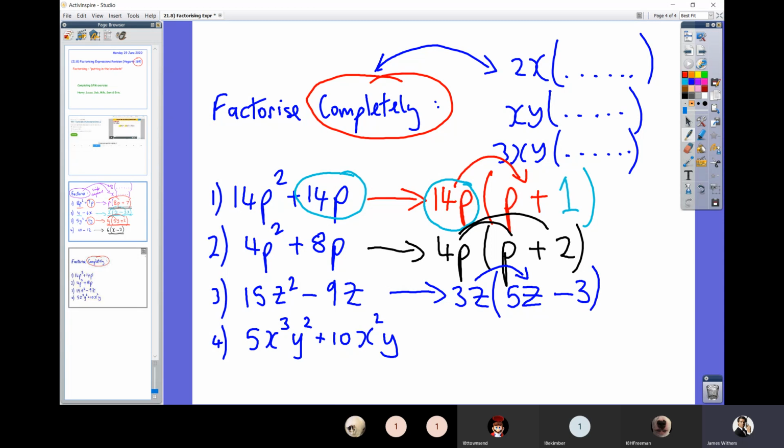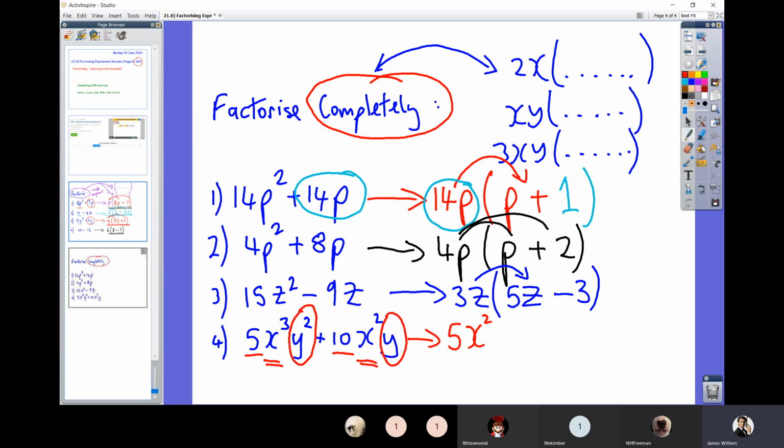Now, lots going on with that final one. Work your way along. What's the highest common factor of 5 and 10? Well, that's 5. What's the highest common factor of x cubed and x squared? What's the biggest number of x's I can take out that's common to both? Well, that's going to be an x squared. And then finally, what's the highest common factor of y squared and y?